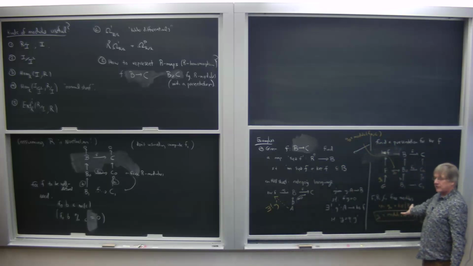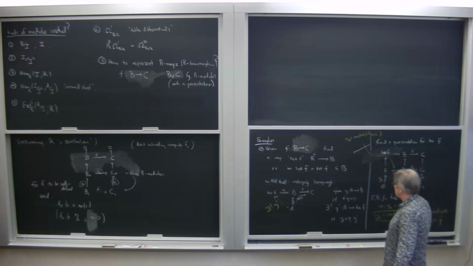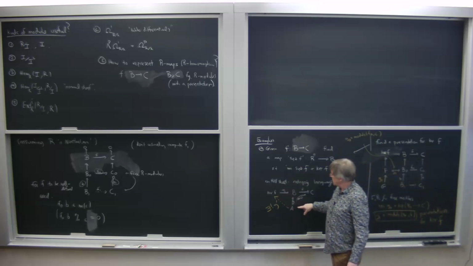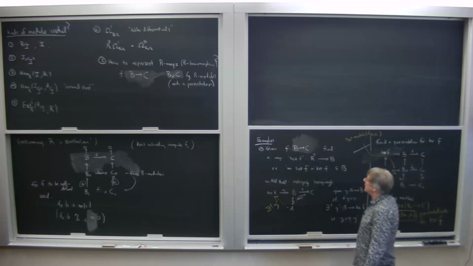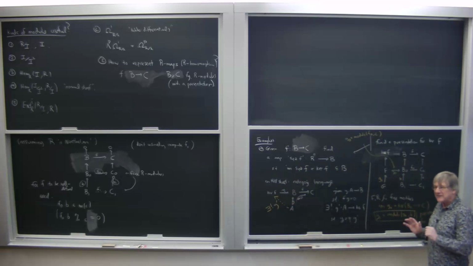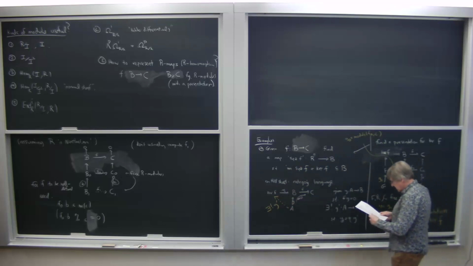Sometimes you get to use syz if you're lucky, because remember syz is only for free modules, and you're taking the kernel. But it also is going to use the lift, the // here. Okay, so I'm going to leave that now because I think it's important to do those yourself, and I can especially tell that by looking at everyone's face when I'm just doing this one up here.